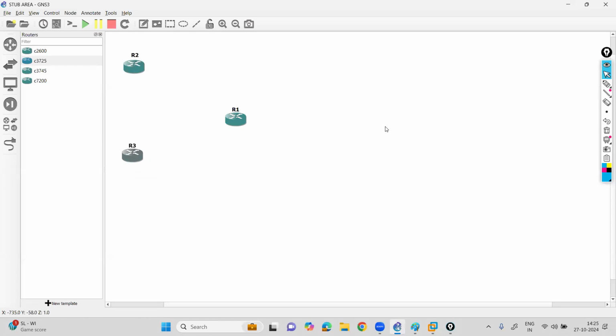The next one, a router is also available here, this one is another router, and there is one more router over here, just like this. Four routers are here. And this R5 is connected to one more router over here, just like this. Let me connect all of them.